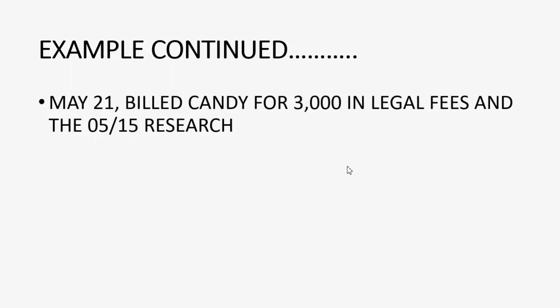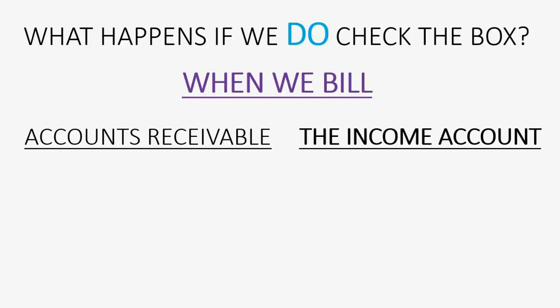Now let's continue in the example, and let's imagine that we're billing Candy for $3,000 in legal fees, and we are including the May 15th research. So when we bill the client, what happens?